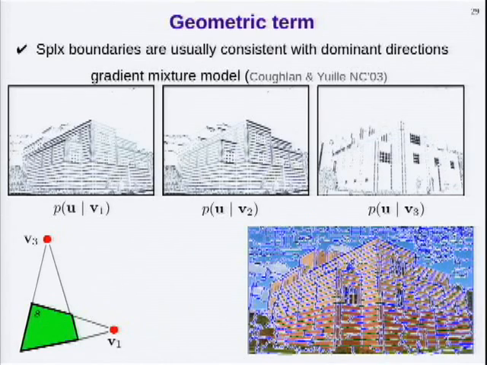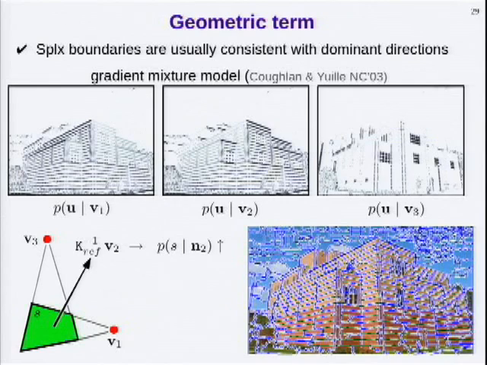So how do we find out that the boundary is aligned with two vanishing points? It's easy because we just follow the superpixel boundary while looking at our probability images, and you can compute the probability of the superpixel being aligned with two vanishing points.